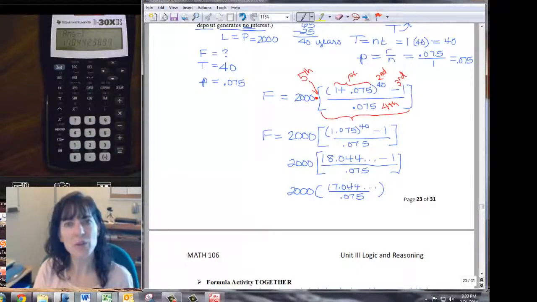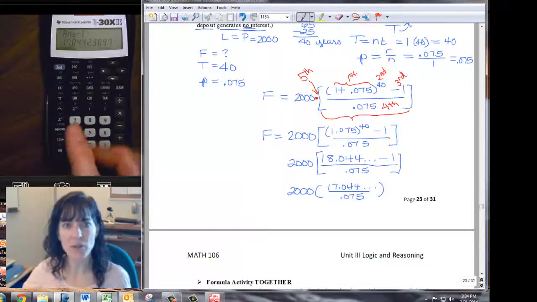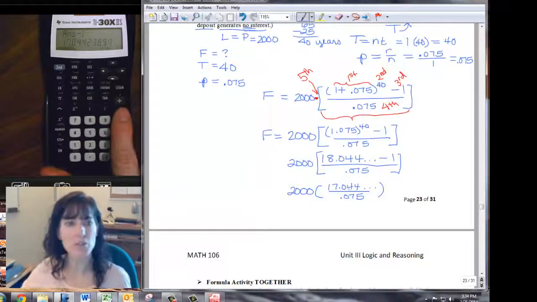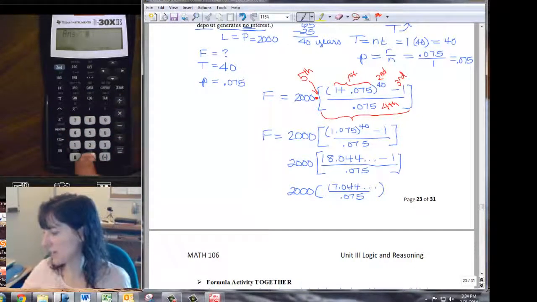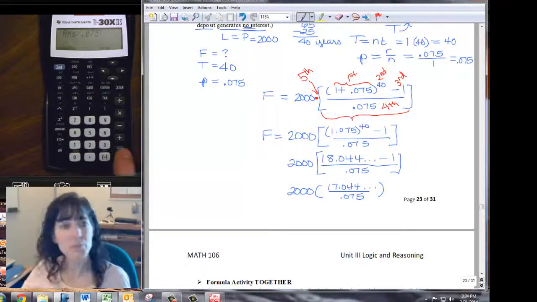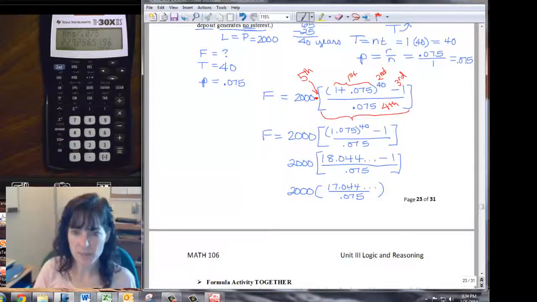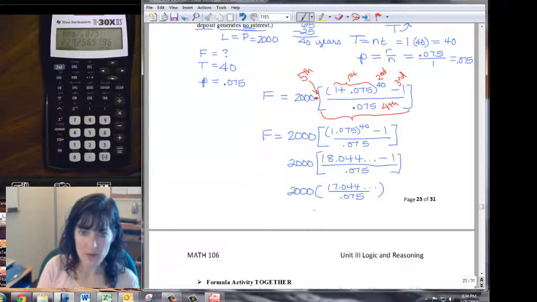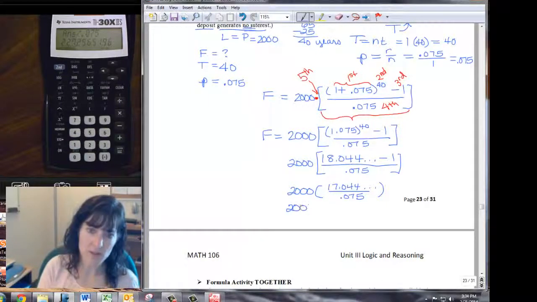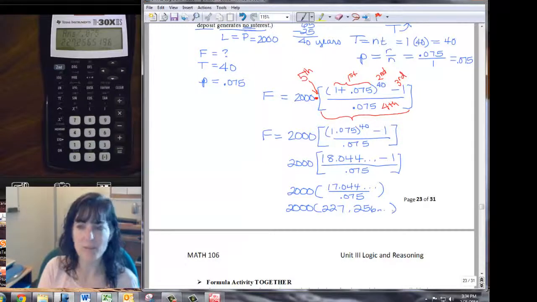Last thing inside the parentheses is to divide by the 0.075, so I'm going to do just that, divided by 0.075 equals, and now I'm down to 2,000 times 227.256, and it goes on.